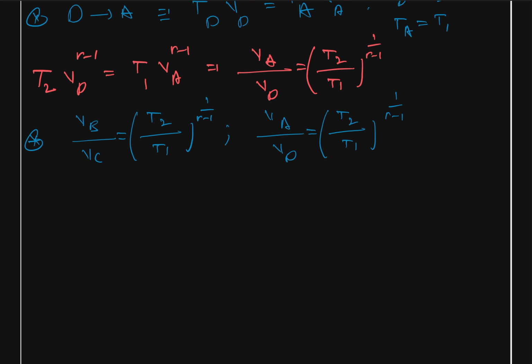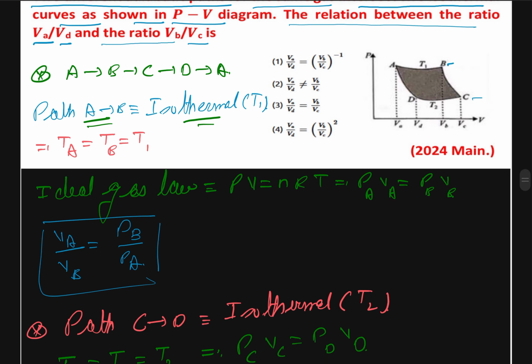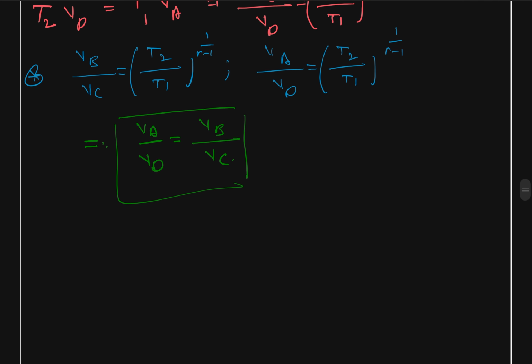Thus from here we can write that VA upon VD is equal to VB upon VC. That is our final result. So option 3 is correct.